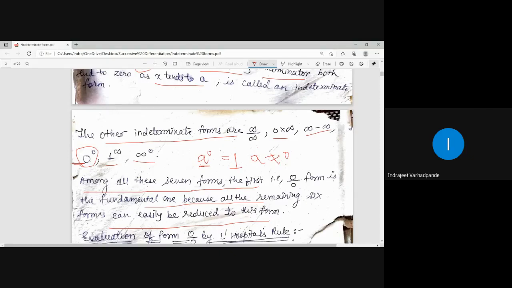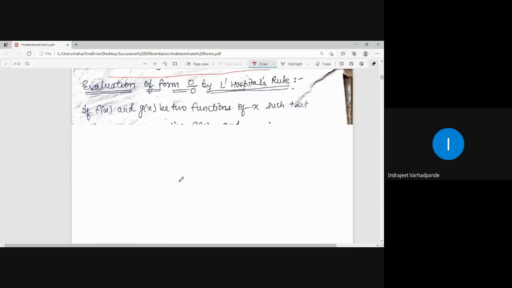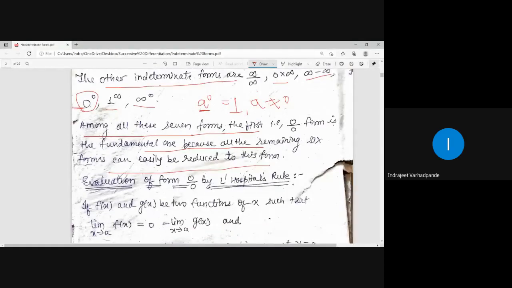All other forms are easily converted to 0 by 0. Clear?